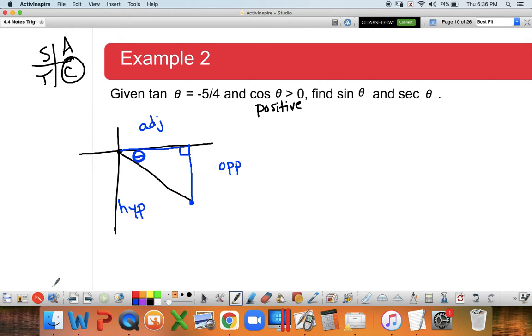Now, if you prefer to use those equations, y over r, x over r, you can. I'm going to go with the whole opposite, adjacent, hypotenuse because I know that's really what we practiced a lot last year, and I want to stick with something that I know we can calculate. So if I know tangent is opposite over adjacent, I have 5 and I have 4.